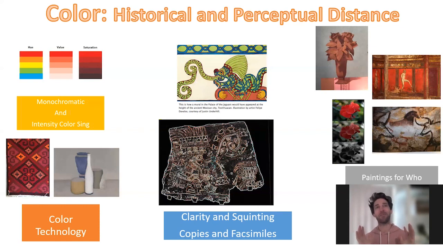So on the left, I'm showing the classic image you would see if you tried to find out on your own how hue, value, and saturation work, these three parts of color. So we have hue, which is like, okay, I want a green car or a yellow car.